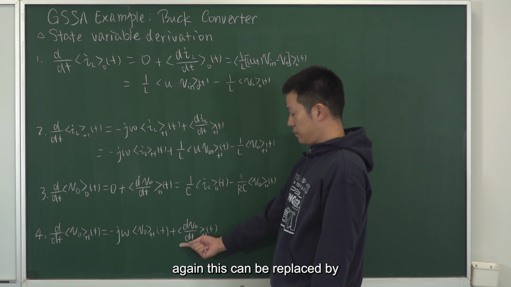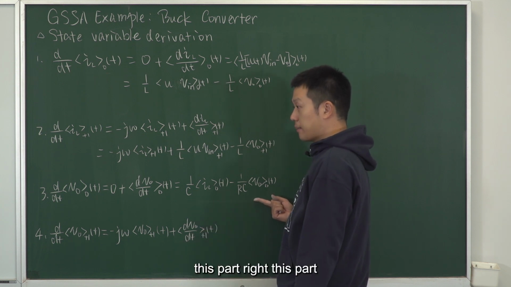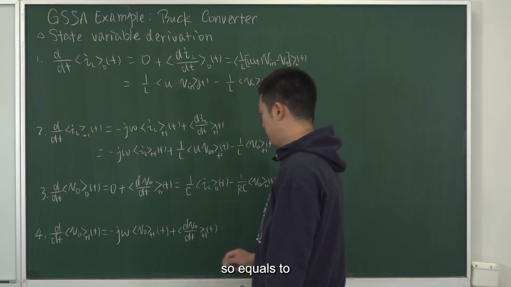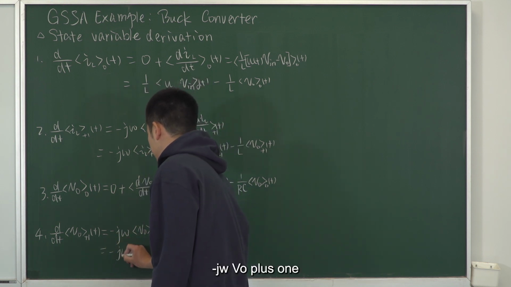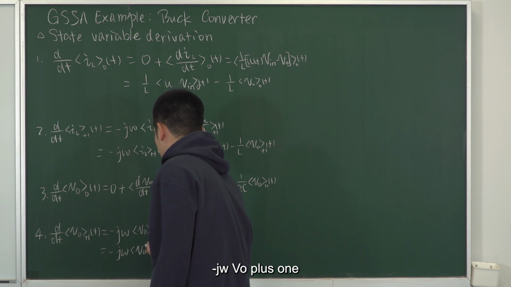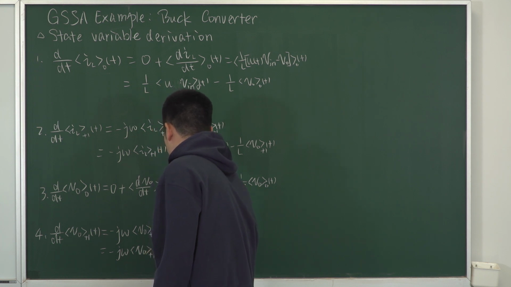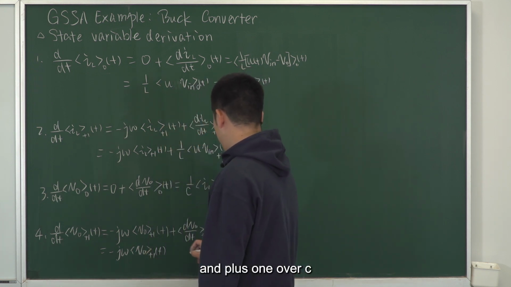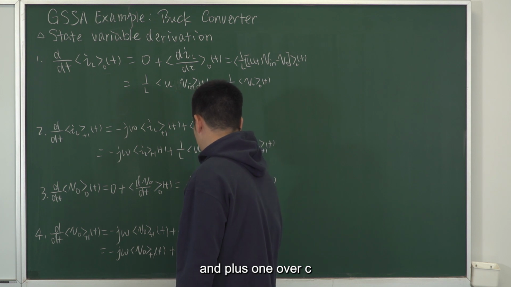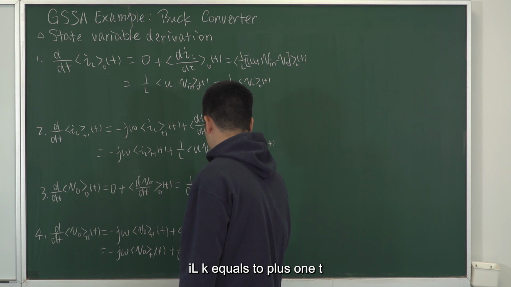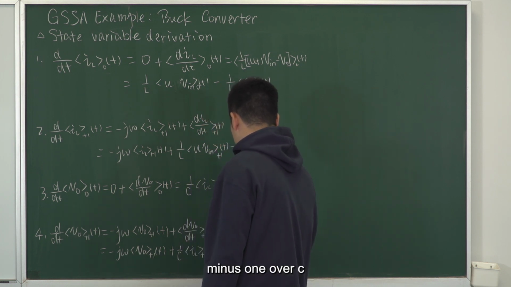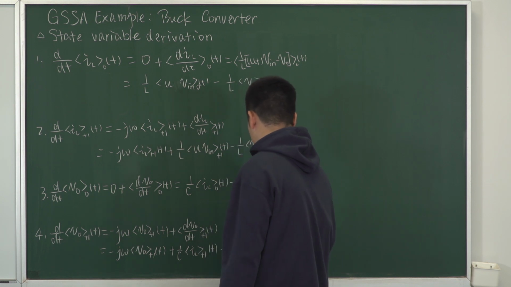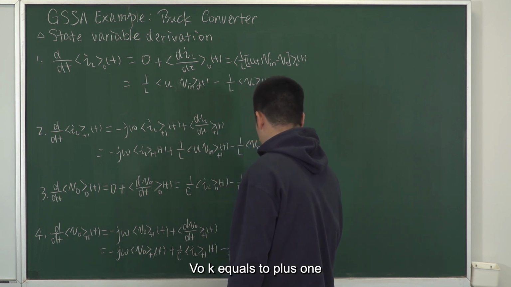Again, this can be replaced by this part. So it equals minus j omega Vo, k=+1, plus 1 over C times IL, k=+1 (t), minus 1 over RC times Vo, k=+1 (t).